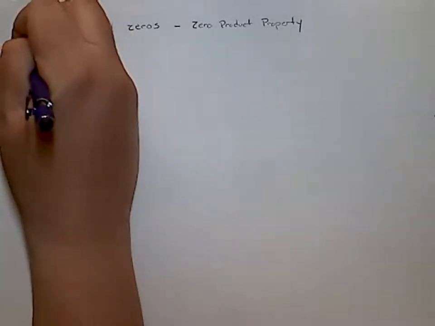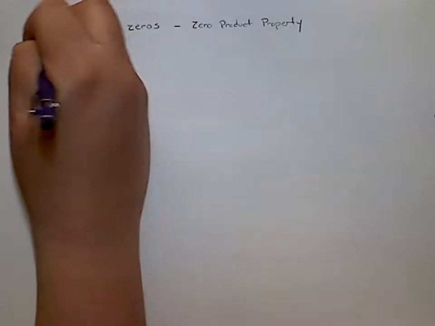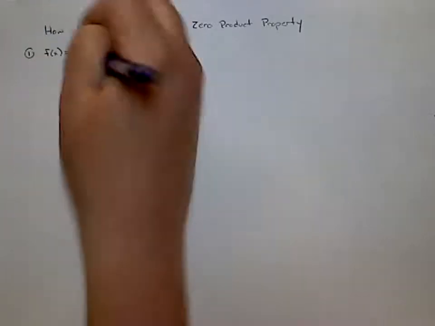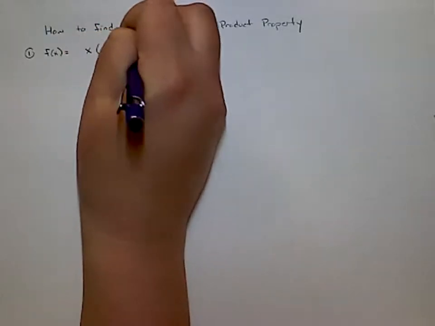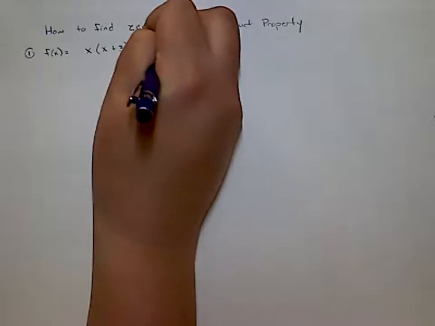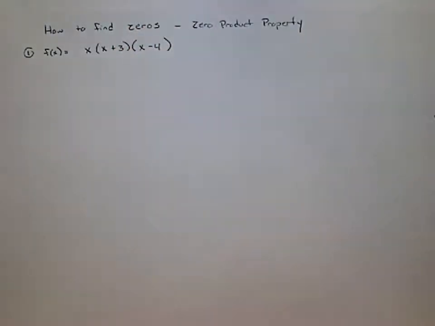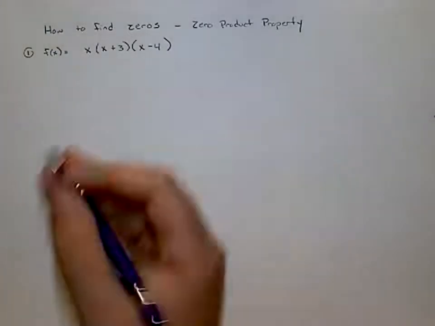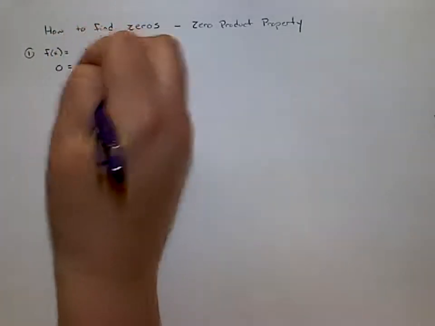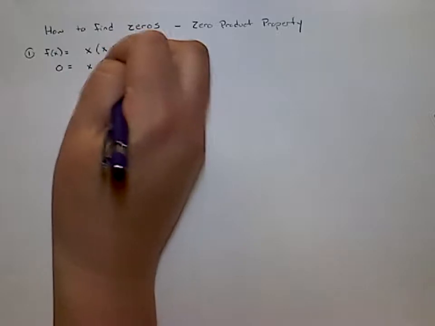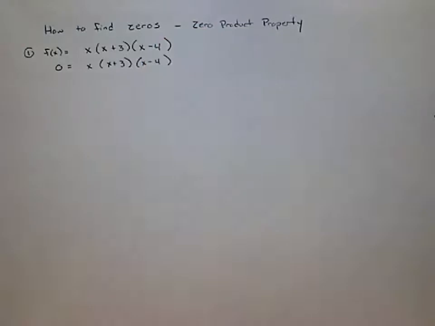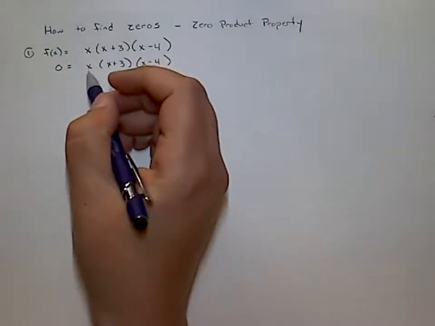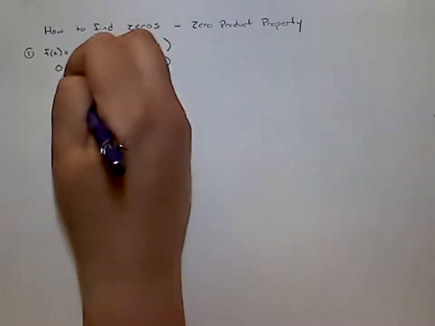So for instance, our first example is f of x equals x times x plus 3 times x minus 4. We have to find all the values of x that make this equal to 0. So we have 0 equals x times x plus 3 times x minus 4. Is there a value of x that makes x 0?